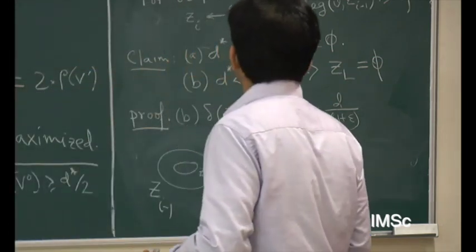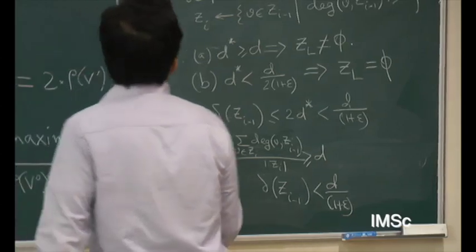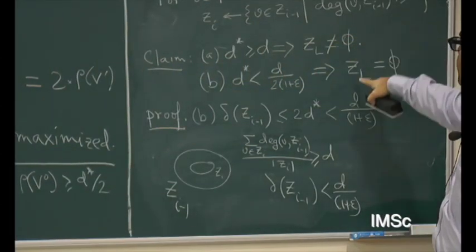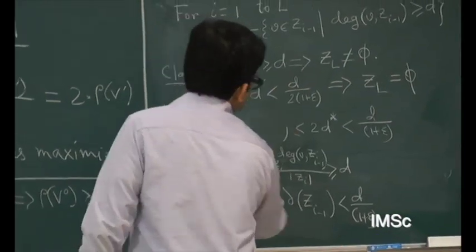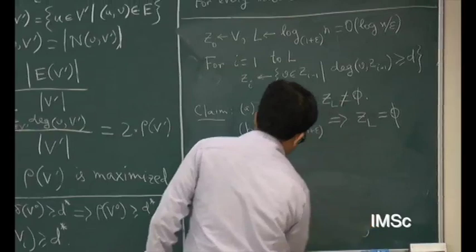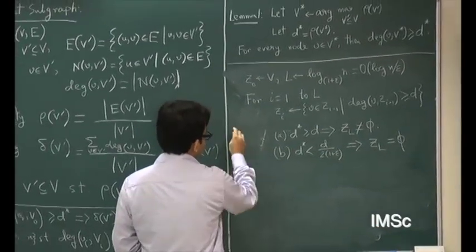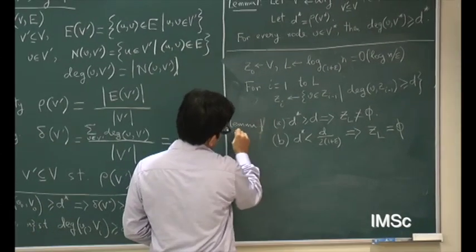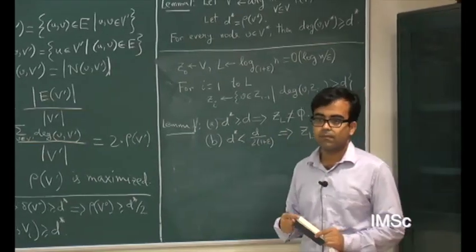And then if this claim is true, can you see that this lemma is also valid? Let me just make it into a lemma. The contradiction was that Zi minus 1 was not the densest subgraph.